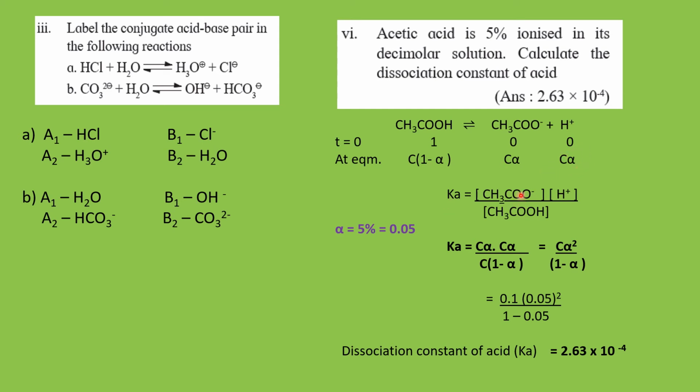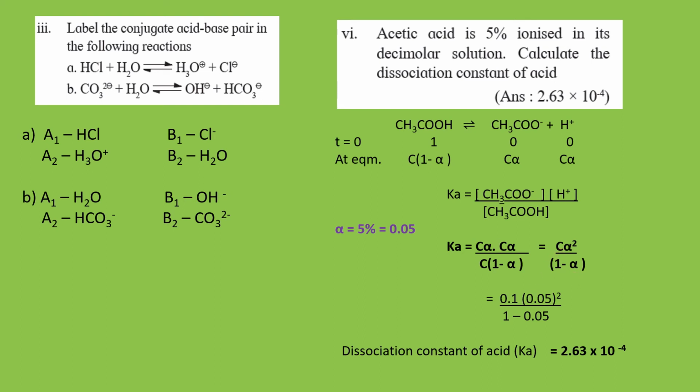The acid dissociation constant Ka is equal to the molar concentration of acetate ion into the molar concentration of H+ upon the molar concentration of acetic acid. Substituting the equilibrium values, Ka is equal to C alpha into C alpha upon C into 1 minus alpha, which is equal to C alpha square upon 1 minus alpha.